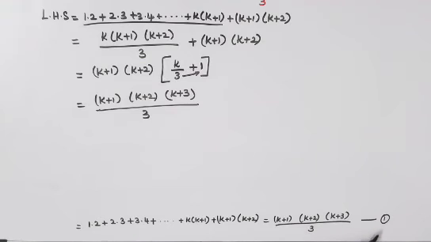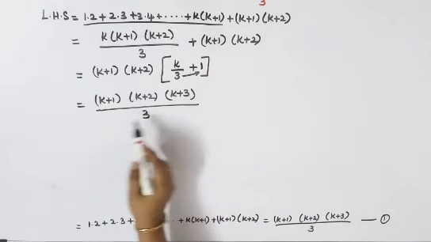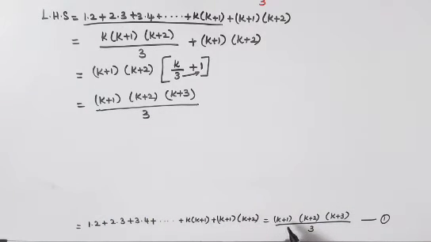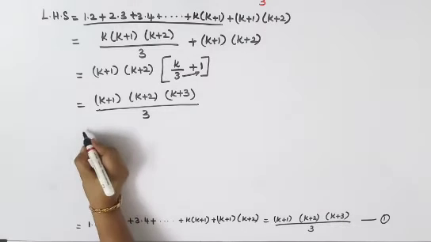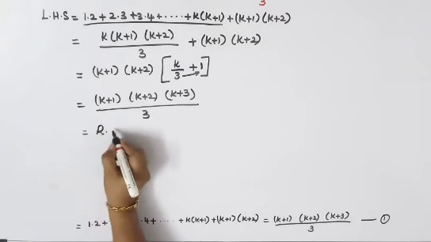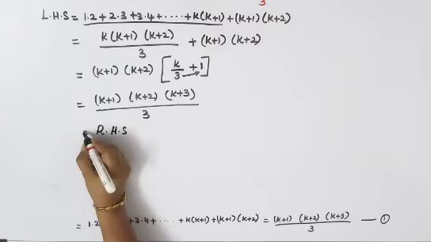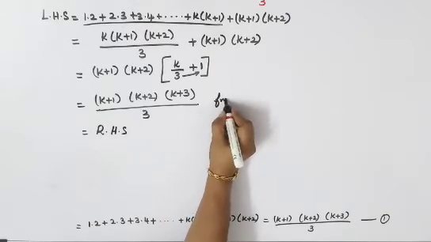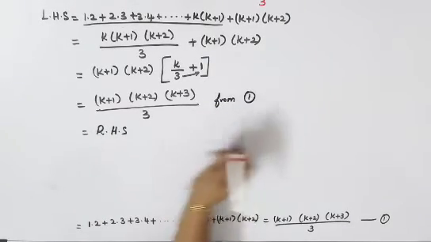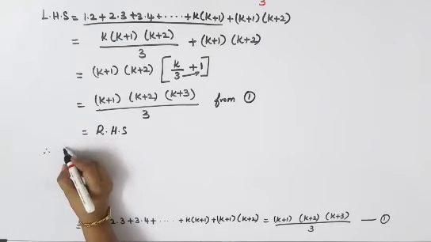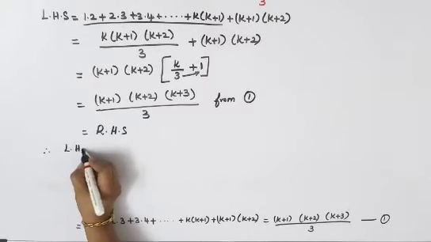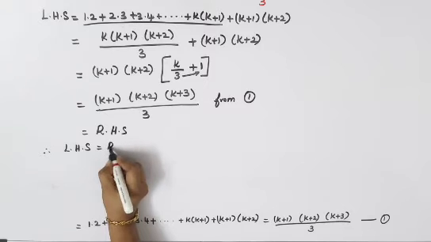Check your equation 1 in your right hand side. See whether you replace with the same terms. So here k plus 1, k plus 2, k plus 3 divided by 3. And here also you will have k plus 1, k plus 2, k plus 3 divided by 3. Therefore you can write it as equal to RHS. If you want you can write from 1. So therefore LHS is equal to RHS.